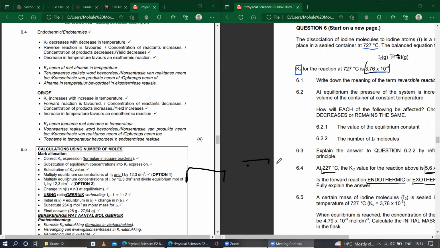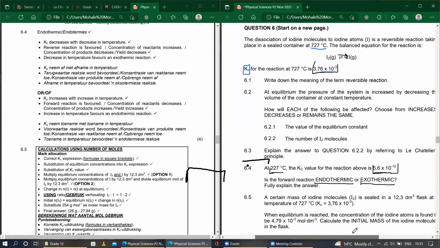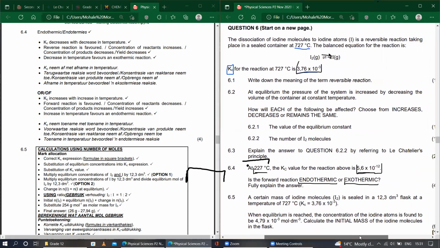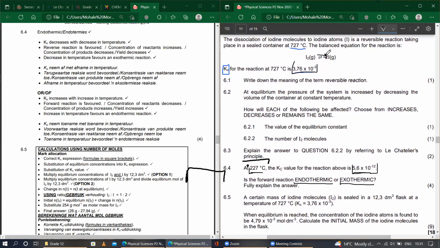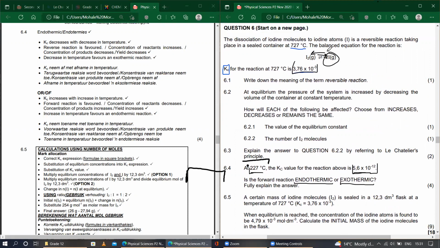As you can see, the reverse reaction is going to be favored because most of the atoms are going to be converted into the molecules, right?